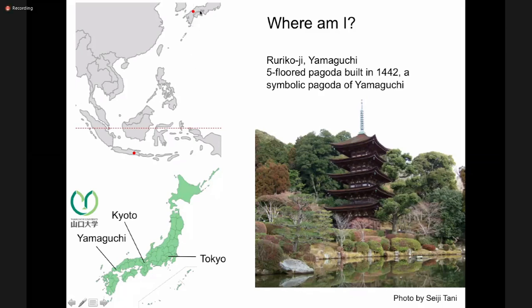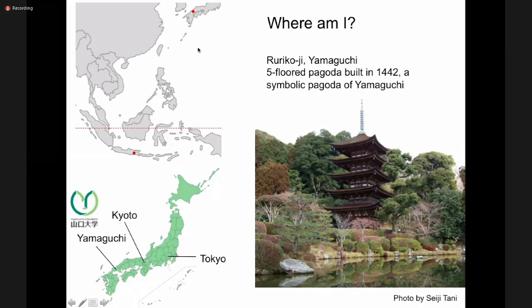Japan consists of 4 main big islands. This is the main island, and I'm in Yamaguchi here.